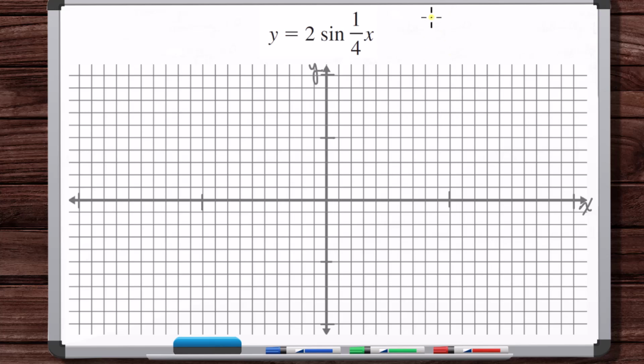Okay, amplitude is 2, and the period has been scaled up by a factor of 4. So 2 pi times the reciprocal of 1 over 4 is 4, so the period is 8 pi.